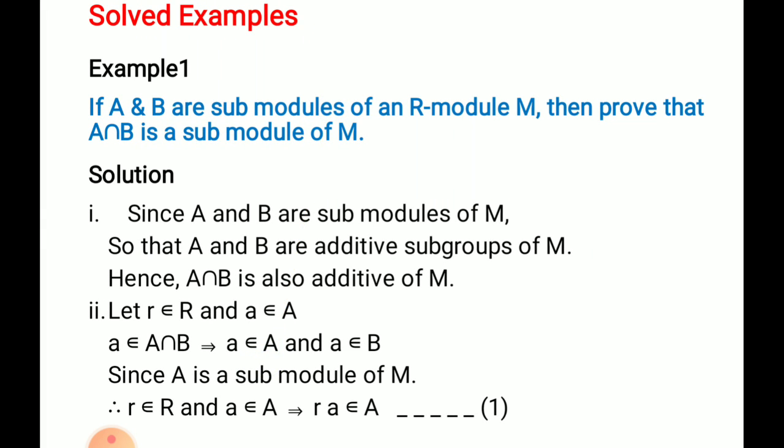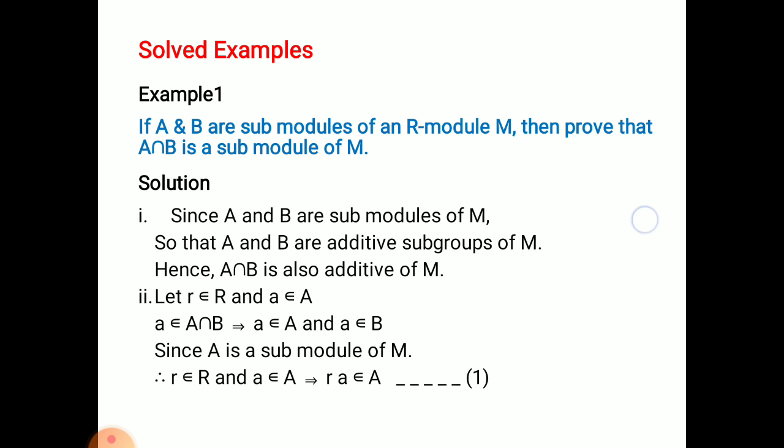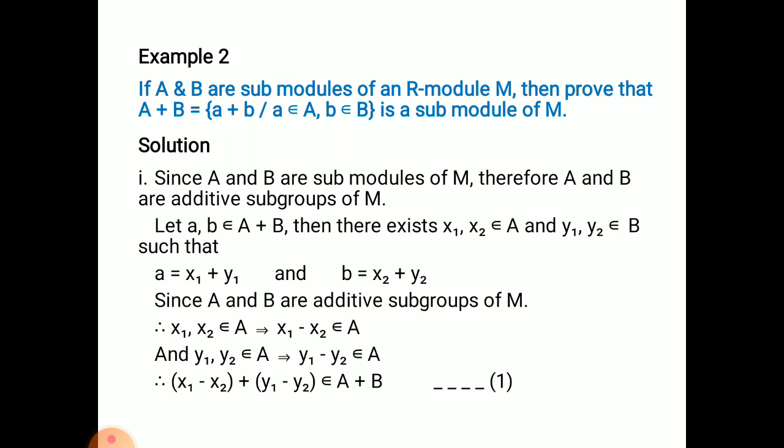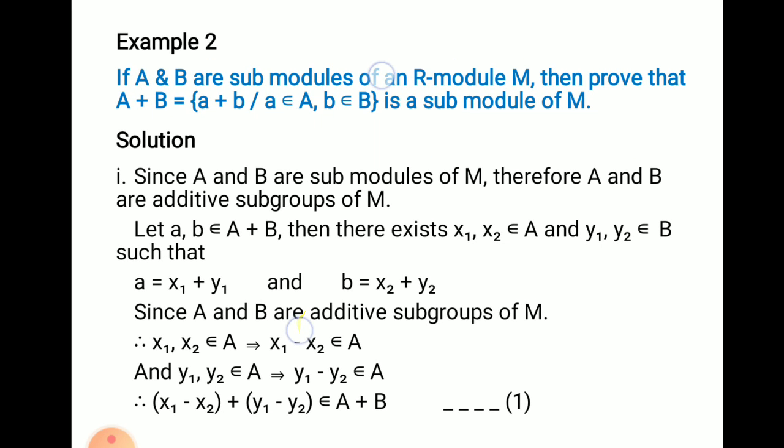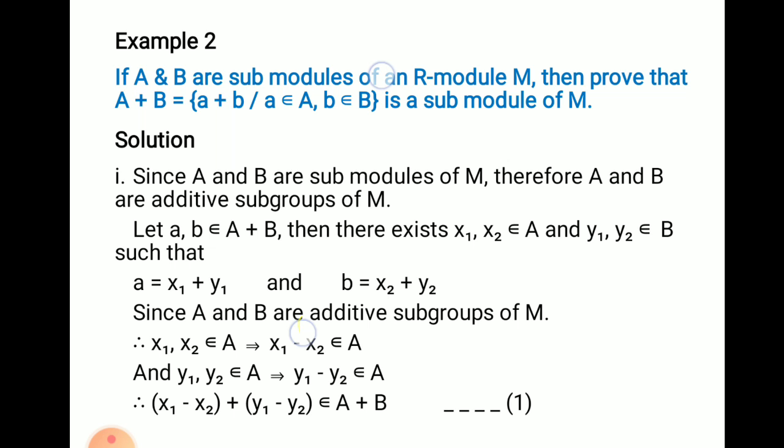First example: if A and B are submodules of an R module M, then their intersection is a submodule of M. That means if we consider any two submodules of the R module M, then their intersection is also a submodule of M. In one sentence, we can say that the intersection of two submodules of an R module M is again a submodule of M.